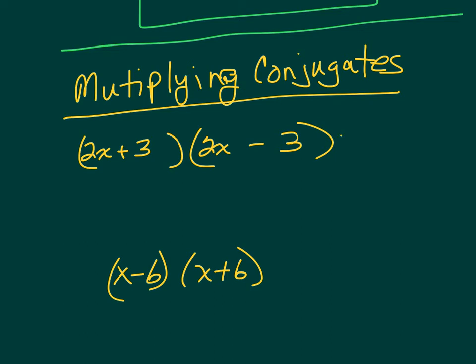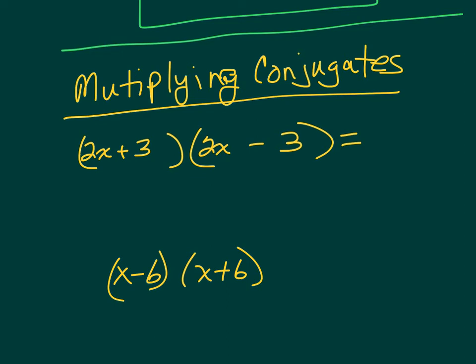So there's a shortcut that we can use when we multiply conjugates. Now let me just say up front, you don't have to use the shortcut. If you don't like it or you have trouble remembering it, you can always just do it the old-fashioned way. In fact, on both of these problems, first, I'm going to do it the old-fashioned way, and then we're going to see if we can figure out the shortcut from doing it the old-fashioned way.